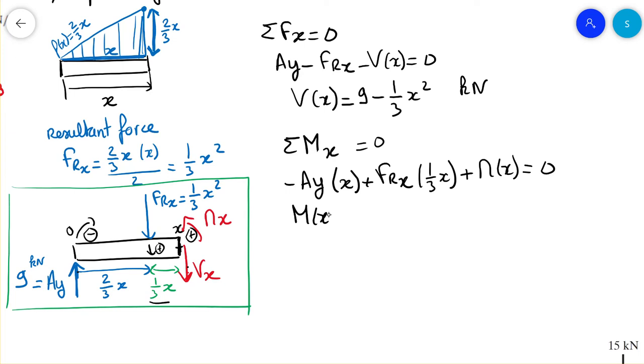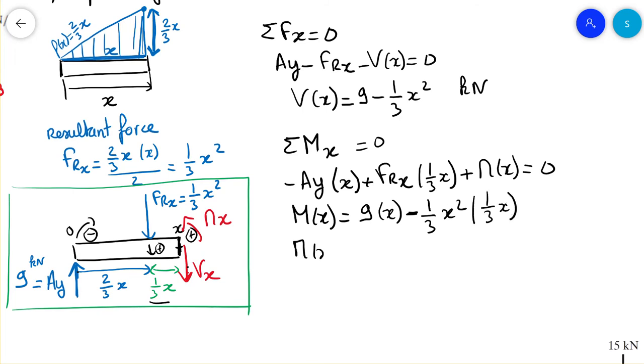So M of x is equal to plus Ay, so 9 times x, minus the Frx, so 1/3 of x squared, because I switched it to the other side, times 1/3 of x.